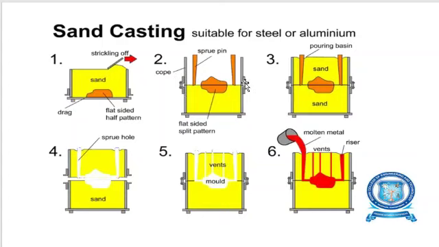After that, the remaining half of the split pattern will be assembled, and the sprue pin and riser pin will be set nearby. After that, the packing sand will be filled and rammed.